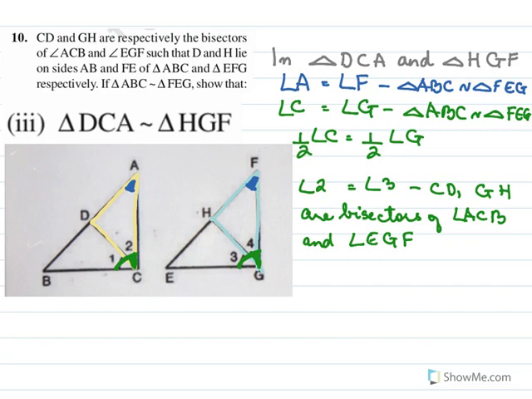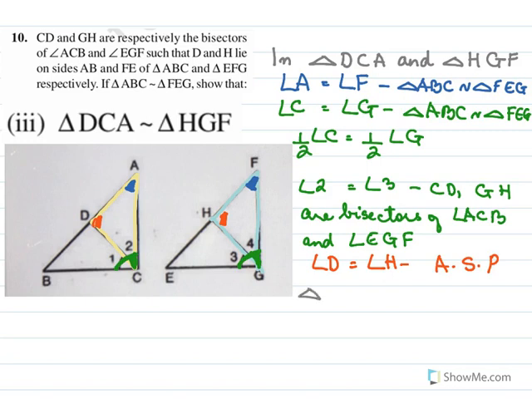So two angles are equal, so the third angle also will be equal, and the third angle is D equal to H. So we write that angle D equal to angle H by angle sum property.